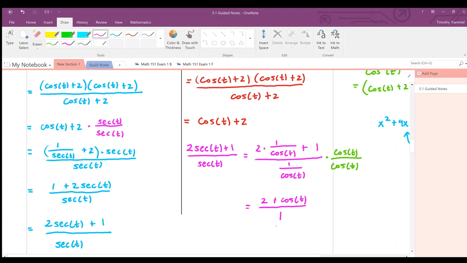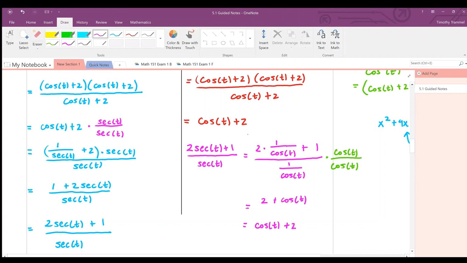So writing over 1 is a little unnecessary. We end up with 2 plus cosine of t. And I don't expect you to do this next part, but 2 plus cosine of t is equal to cosine of t plus 2. Again, addition is commutative when we're dealing with real numbers.